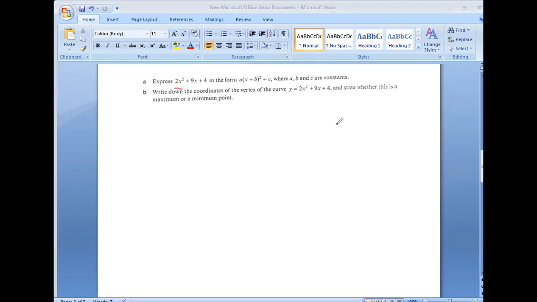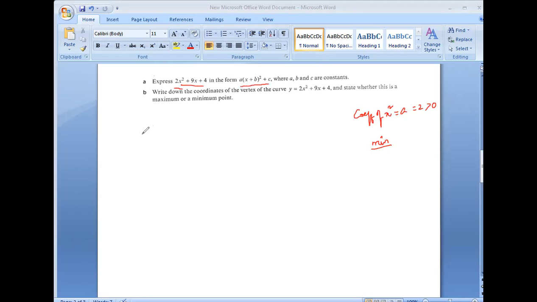By seeing only, we can say whether it has a maximum or minimum. The coefficient of x square, the a value, is 2. 2 is greater than 0, and positive means we will get the minimum point. Now what is that point? First we need to convert this into this form.